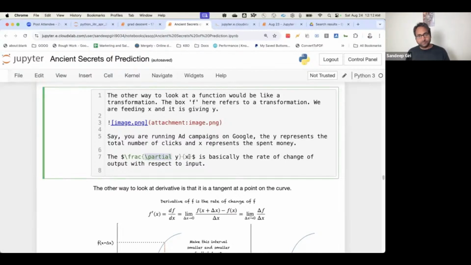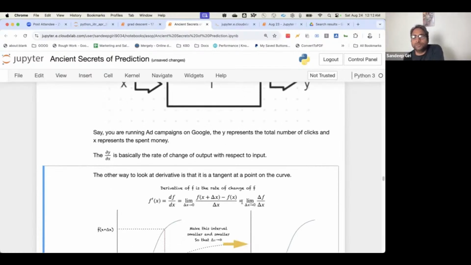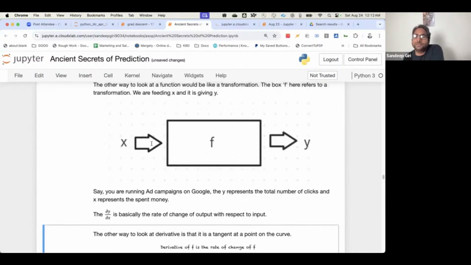So what you see here is dy by dx, which is basically the rate of change of output with respect to input. Are you guys okay with it?